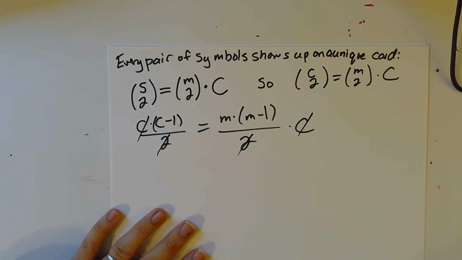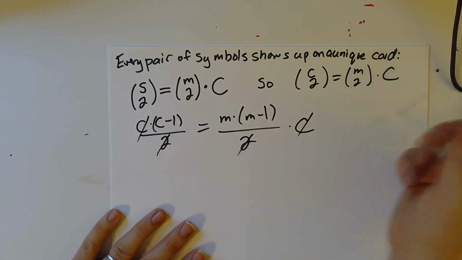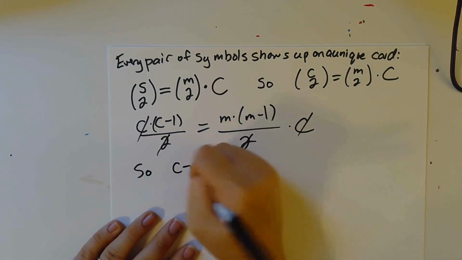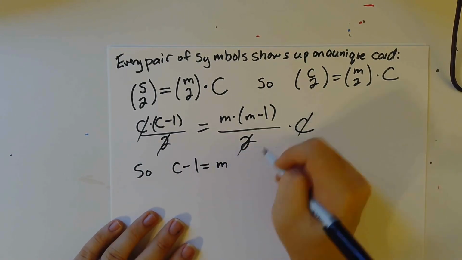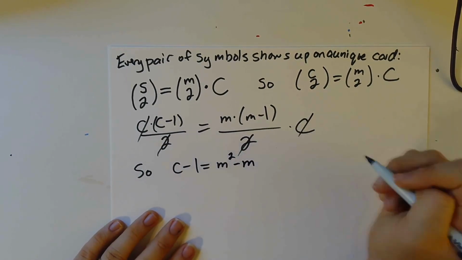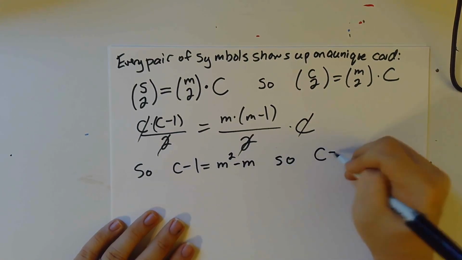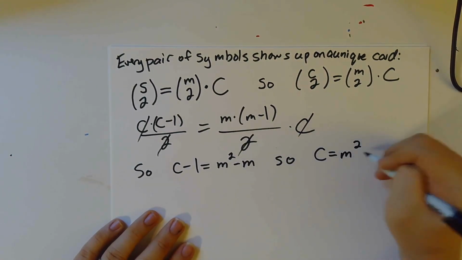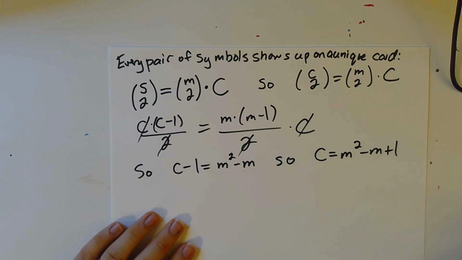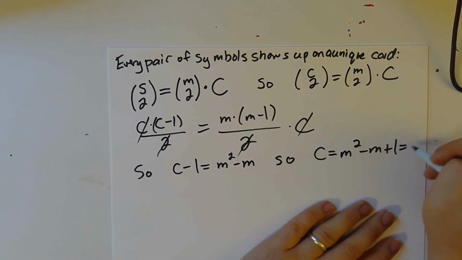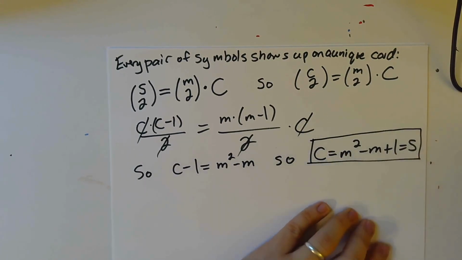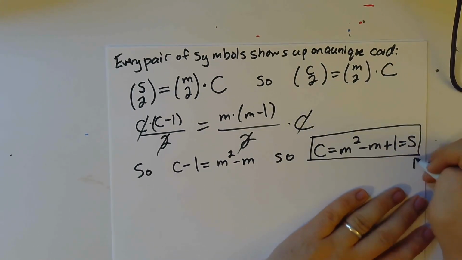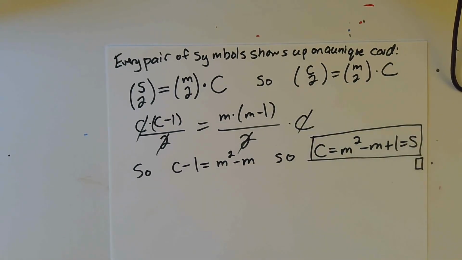I'll divide by C on both sides to clear those out. So I'll get C minus 1 is M times M minus 1, which is M squared minus M. So C is M squared minus M plus 1. But remember, C is also S. So C is M squared minus M plus 1. And then we are done.